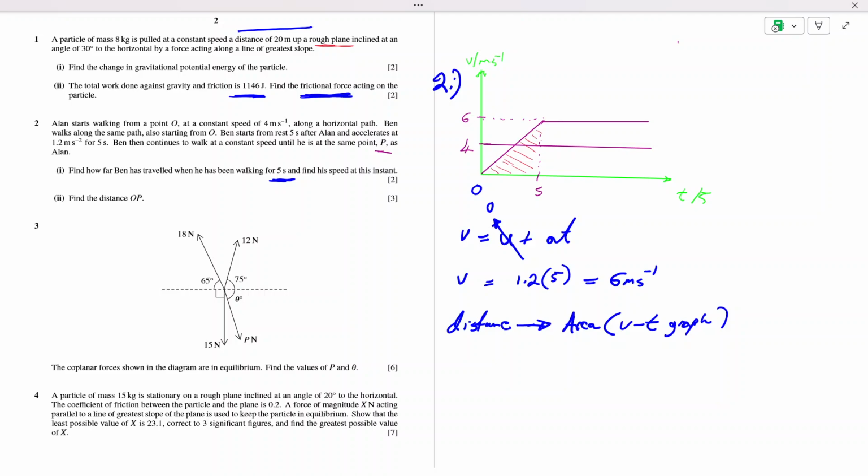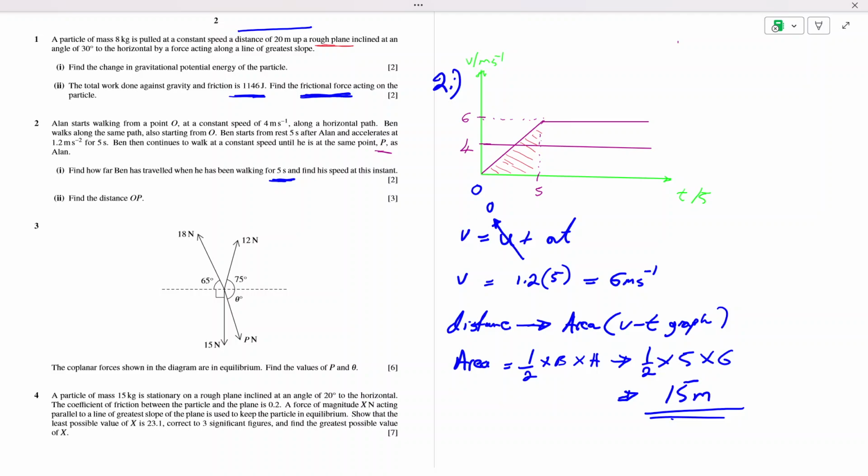The area is half times base times height. I take my base as 5 seconds and my height as 6. When I plug that in the calculator, I get 15 meters. So that's it for the first part. What you needed was the height, which is the 6 meters, and we got that using the SUVAT equation, since acceleration was constant.